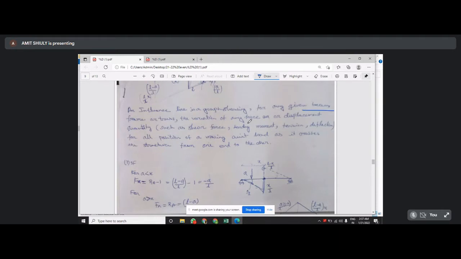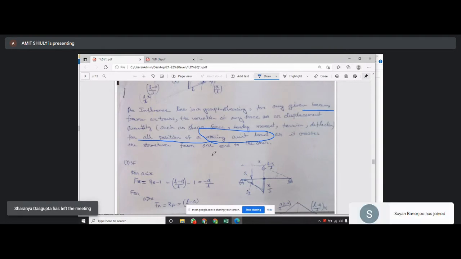It shows the variation of any force or displacement quantity, such as shear force, bending moment, tension, deflection, for all positions of the moving unit load as it crosses over the structure from one end to another. This is important. That means for all positions of the moving unit load. So a unit load passes over a structure, and you can obtain the variation of the bending moment, shear force, tension, deflection, and this type of parameter easily from the influence line diagram.